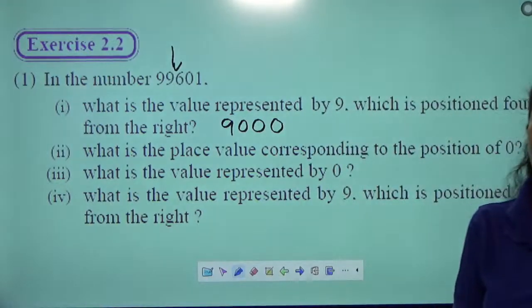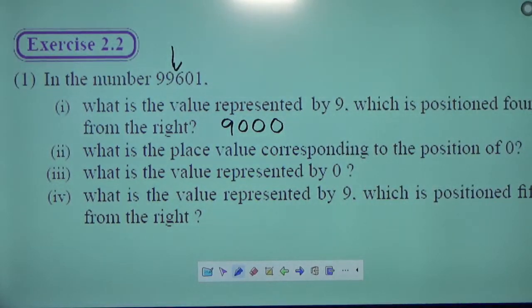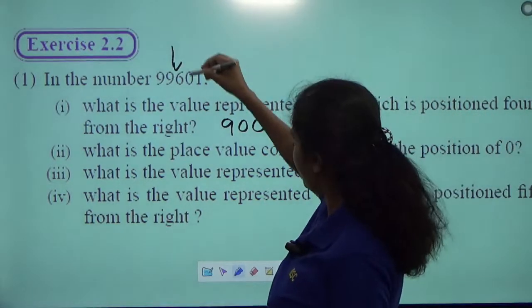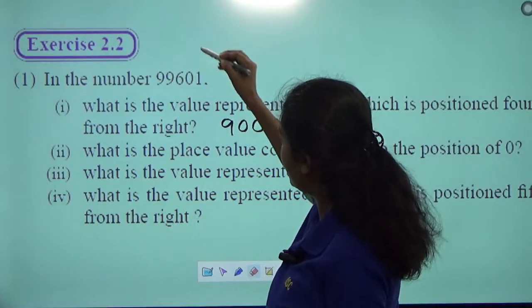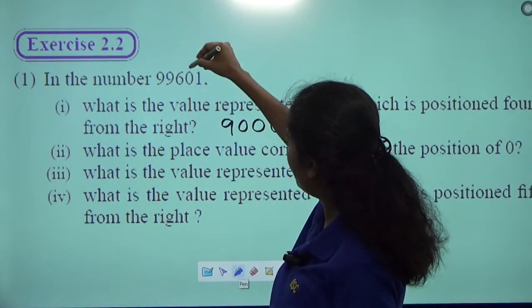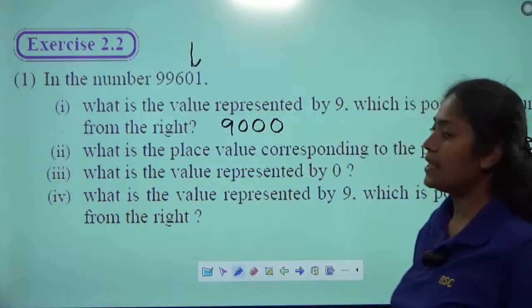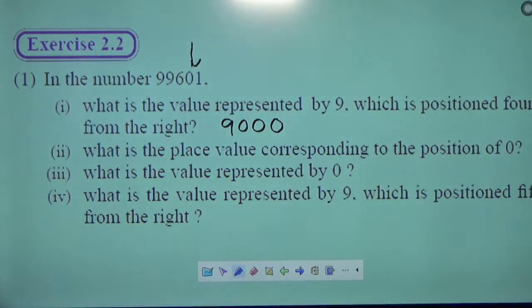Right. Then second question. What is the place value corresponding to the position of 0? Now they are asking about this 0. Read carefully and understand what they are asking.